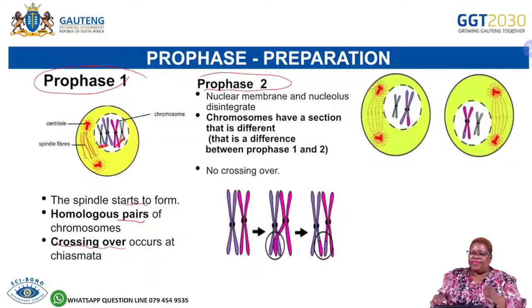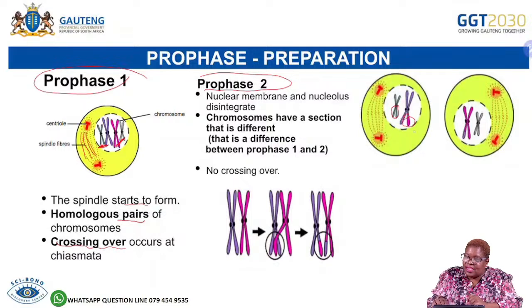If we compare the two, the nuclear membrane and nucleolus disintegrate. The nuclear membrane starts to disintegrate. Then chromosomes have a section that is different. These are the chromosomes where we can actually see the difference. Here we just have homologous pairs, but in prophase 2, chromosomes have a section that is different.